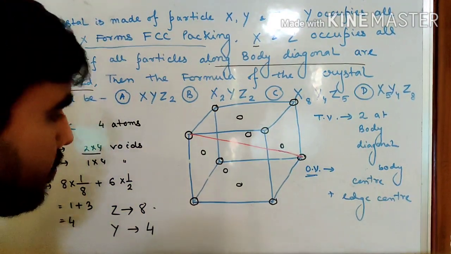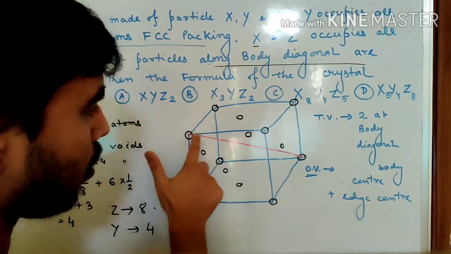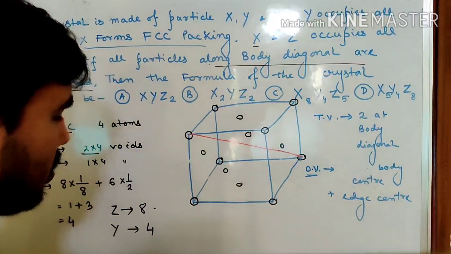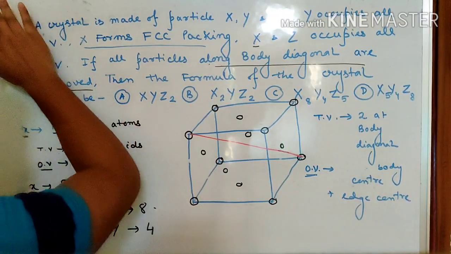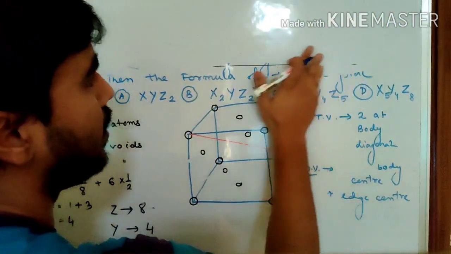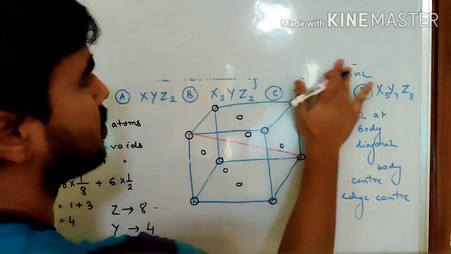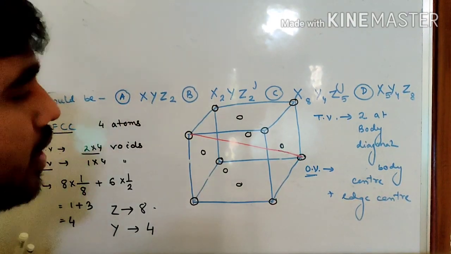Now you see, if all the particles along the body diagonals are removed, now if I erase this part and if I recalculate, because you already have the question, you can pause the video and write the question first.